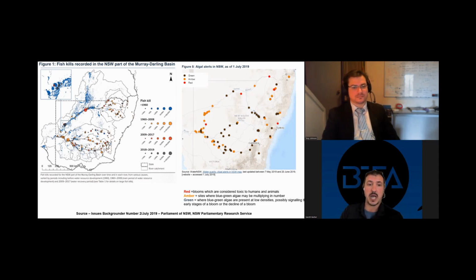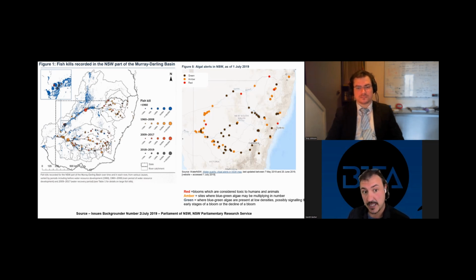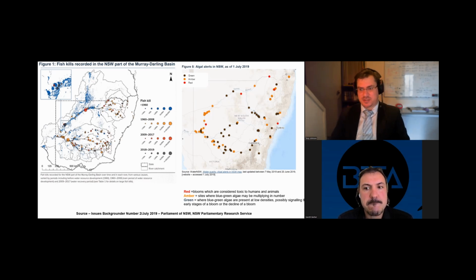The four periods of time are before 1960, 1960 to 2008, so 48 years, 2009 to 2017, so 8 years, and 2018 to 2019. So you can see that the brackets of time decrease exponentially as we get further on in the history of the Murray-Darling River. So it shows that they've been monitoring the situation, but they've also been seeing an increase in fish kills over the last 60 odd years.